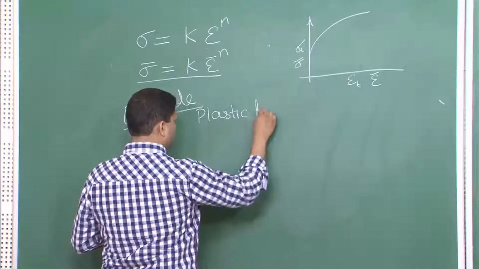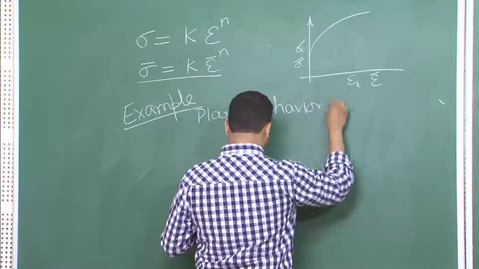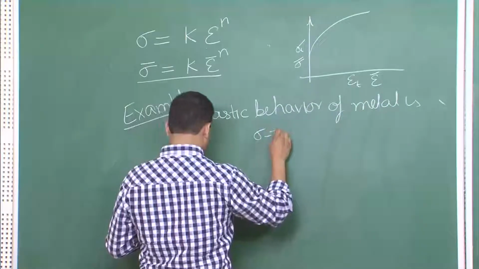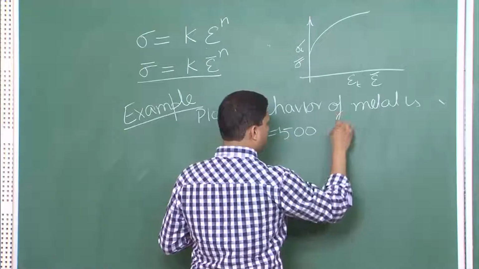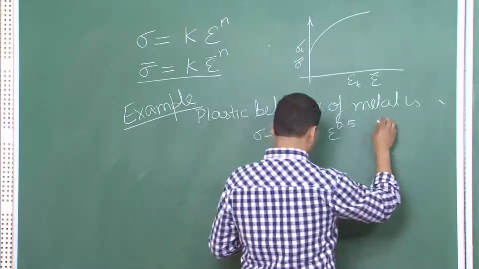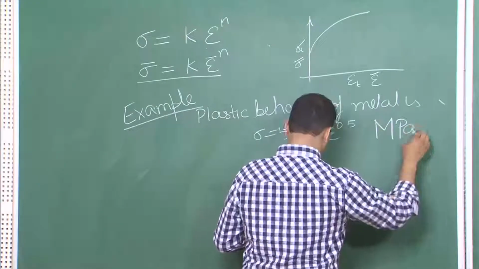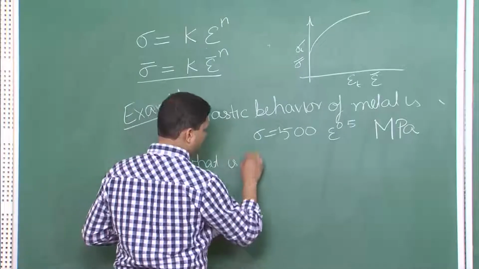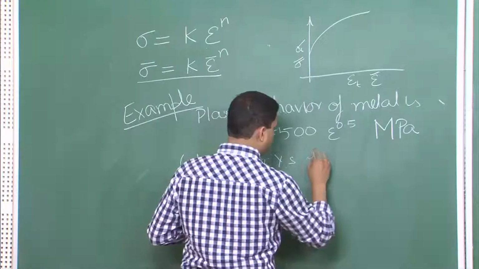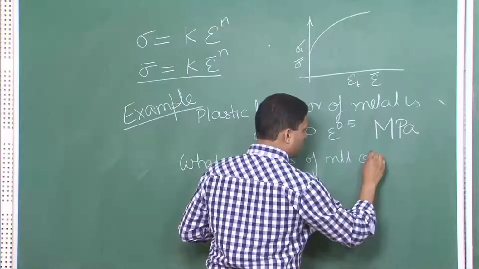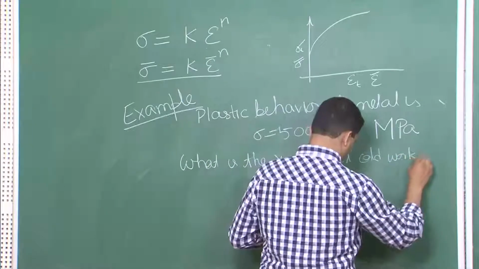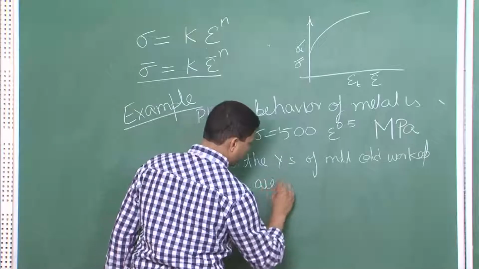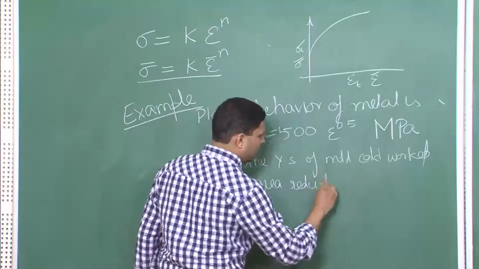The plastic flow behavior of a metal is given by sigma equal to 500 epsilon to the power n. What is the yield strength of the material cold worked to an area reduction of R equal to 0.3, meaning 30% reduction in area?